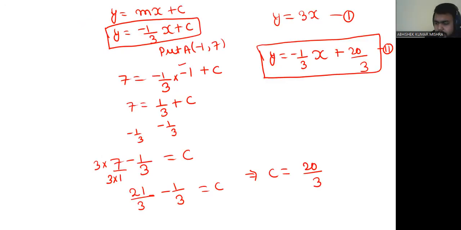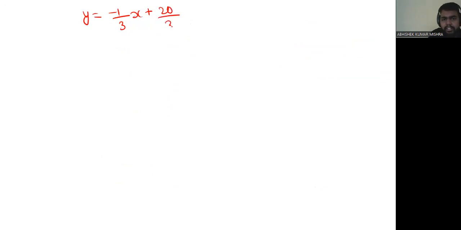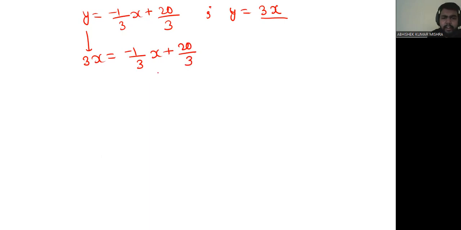My equation which I found right now is y equal to -1/3 x plus, I think that was 20/3. Okay, so 20/3 I'm going to write, and the other equation is y is equal to 3x. Instead of y I'm just going to substitute 3x, and I'm going to solve this equation. So instead of y I'm going to write 3x, and the whole equation I'm going to copy. I hope you know how to solve the equation, because these are things you have already studied in your previous classes.